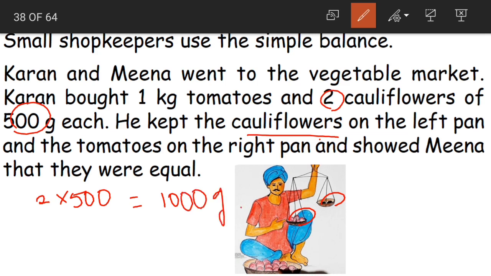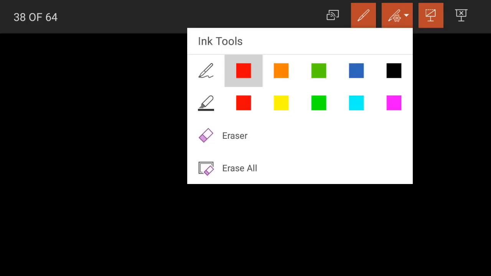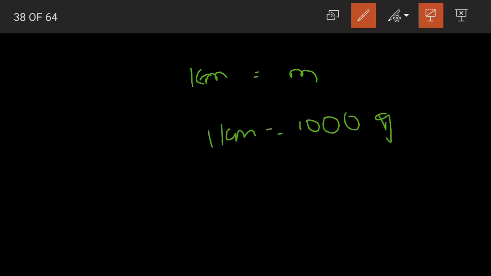Now coming to the other pan, he kept our tomatoes. How many tomatoes did we take? We took 1 kg of tomatoes. Again, if you remember, children, while converting from kilometers to meters, what was the relationship? 1 kilometer is equal to 1000 meters.